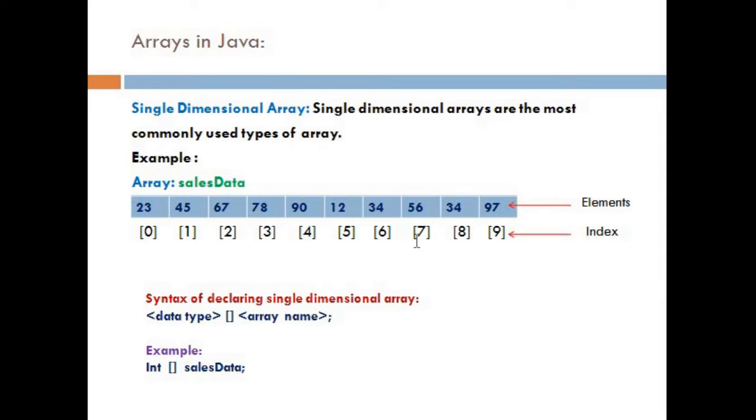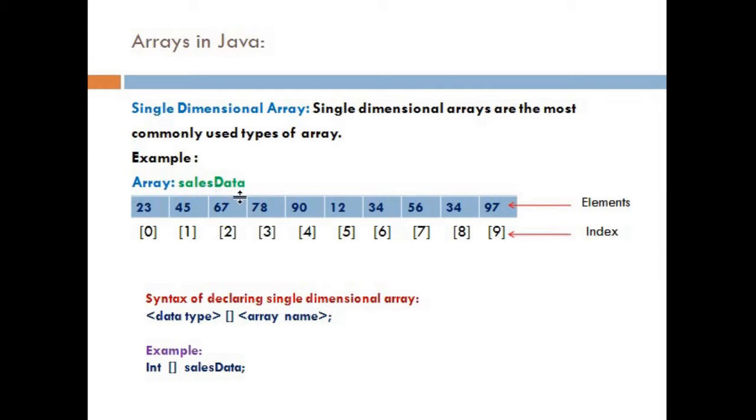Okay, so we call these numbers the index or the subscript, and this index or the subscript number always starts with 0. So remember this. That's why for this array called sales data, the index starts with 0 as shown here.